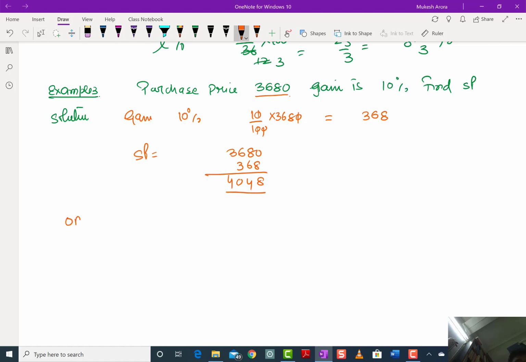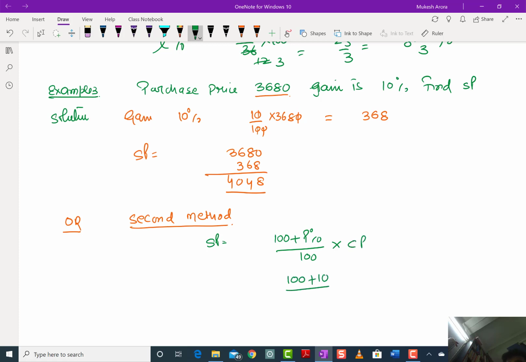Or we can do it by the second method. In the second method we can find the answer directly: SP is equal to 100 plus profit percentage upon 100 into CP. So 100 plus 10 by 100 into 3680.